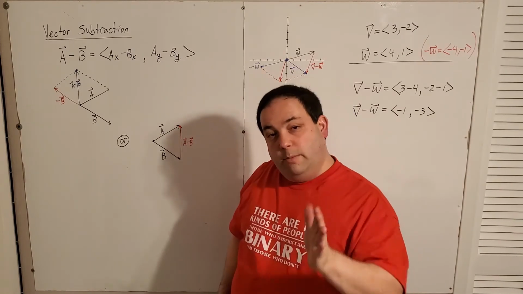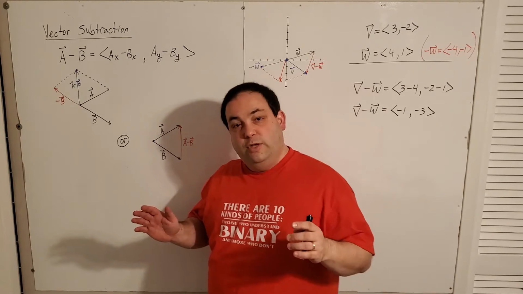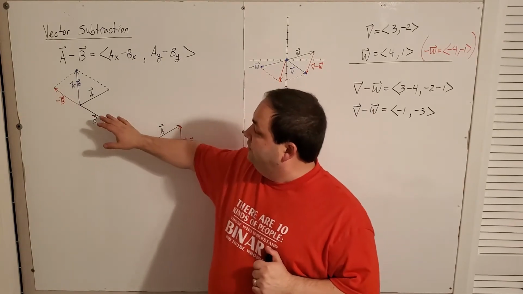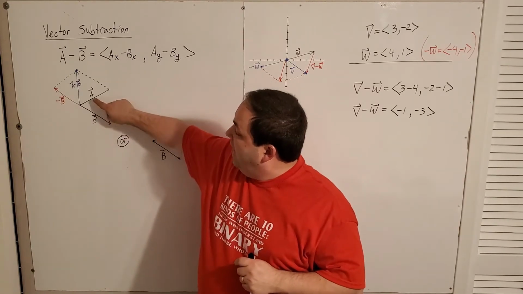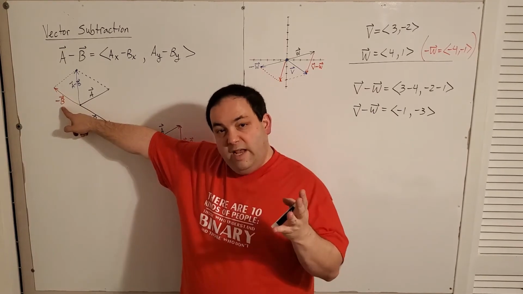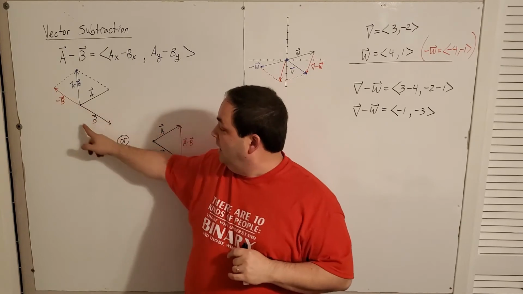But the geometry that comes in here is important, okay? And there's two different ways to view the geometry here. When you want to subtract two vectors, one way that you could visualize is that I'm adding a with the opposite of b. Basically, I'm using a scalar multiplication of -1 times b.